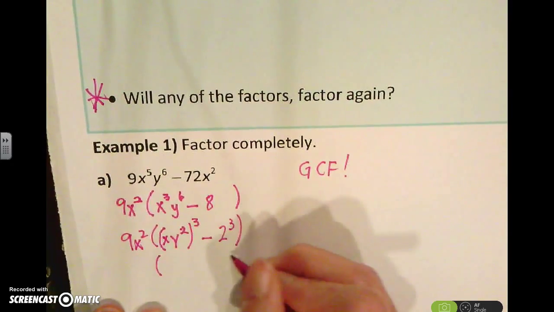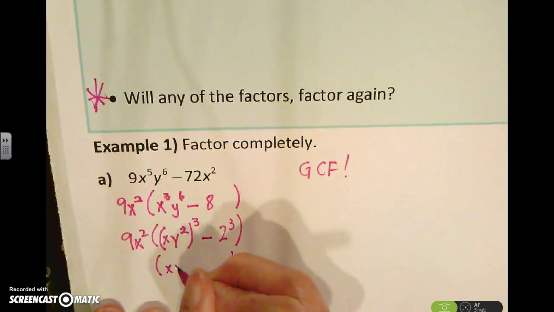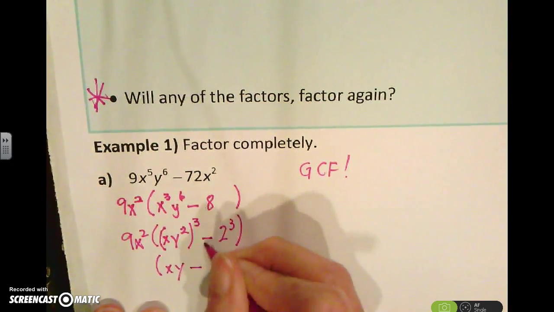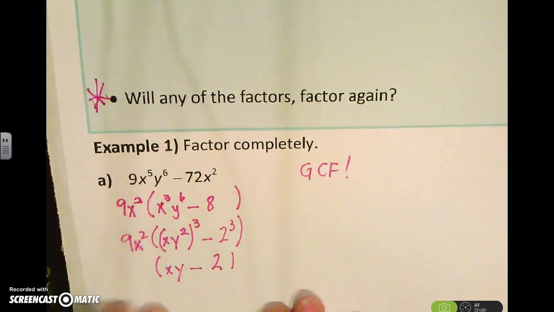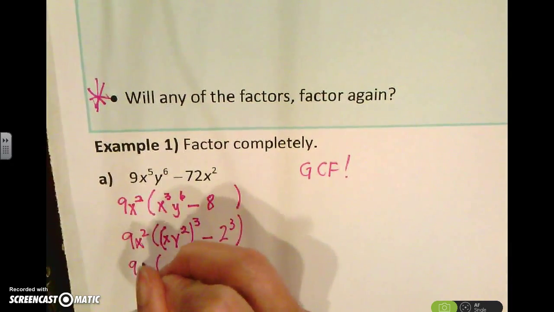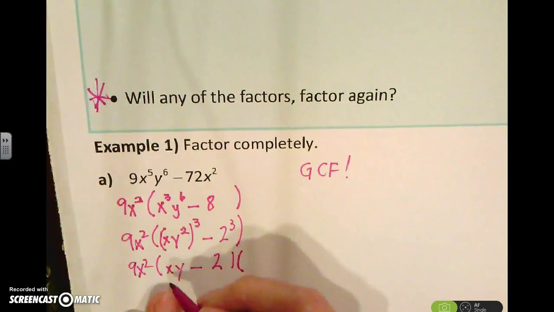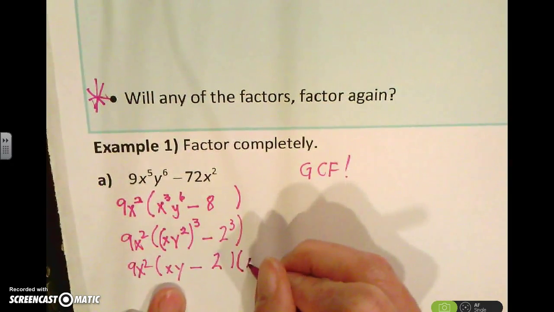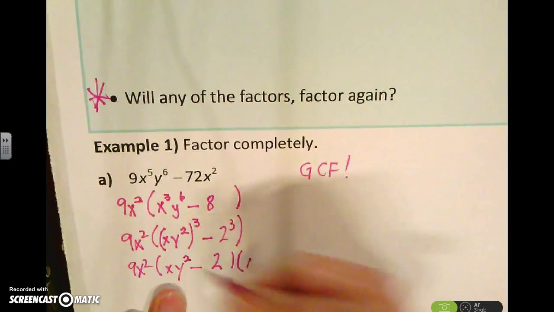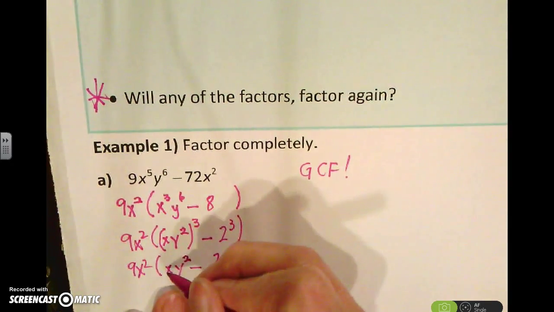So let's factor it. So remember the rules. We're going to take that base of this, same sign, base of that's a 2. And once we do that, then I'm going to take the first one and square it. Ooh, it should have been a y squared right there. I'm going to take this and square it.